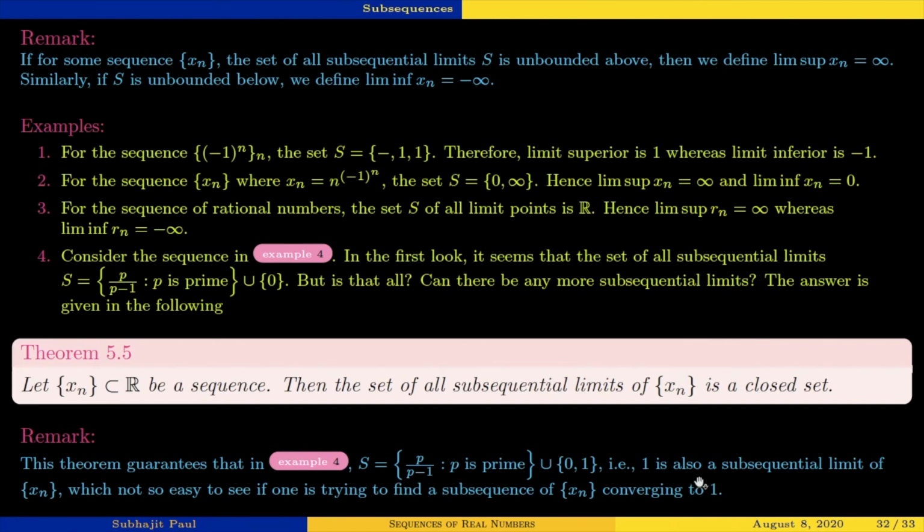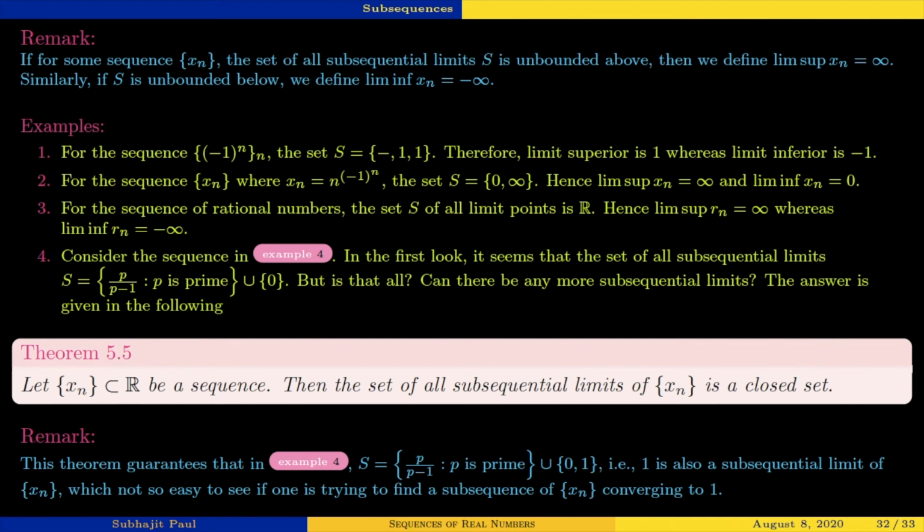This theorem is the reason I tried to look for an example of this form. Why do we need to bother whether the set of subsequential limits is a closed set? So far, in the examples I had seen earlier, the set of all subsequential limits was always a finite set.